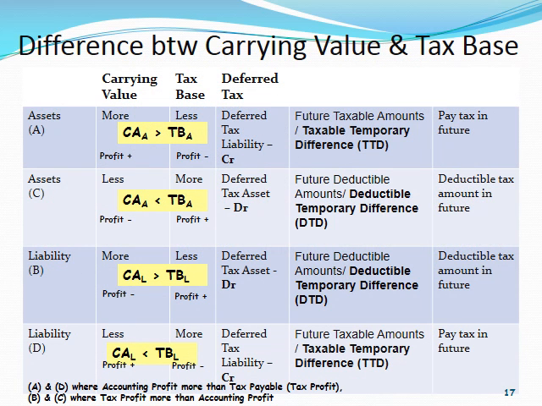This table summarizes the differences between carrying amount or value and tax base for assets and liabilities.